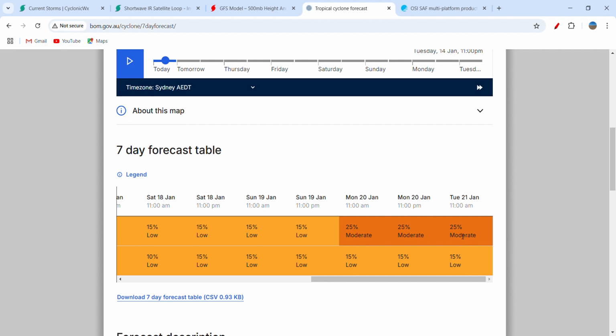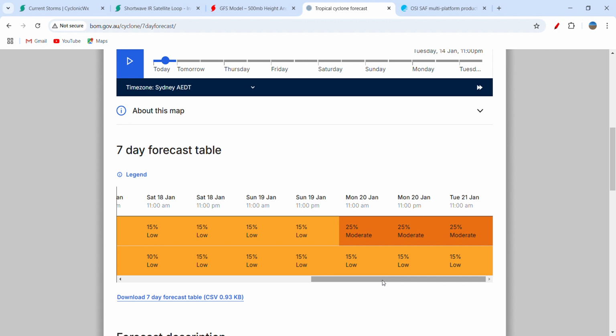it the JTWC from now on, they require gales to be present with some organized convection and a well-defined low-level circulation, while the Bureau, the BOM, they require gales to be present more than halfway around the low-level circulation, or they'll automatically recognise that with a T3.0 Dvorak classification when they end up getting there.